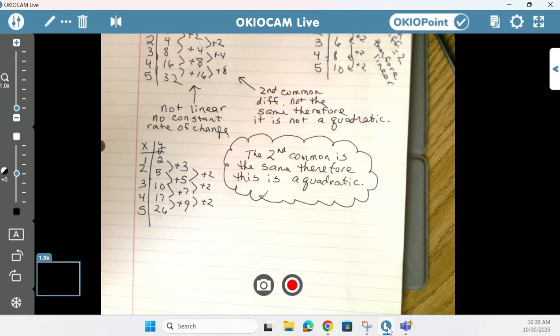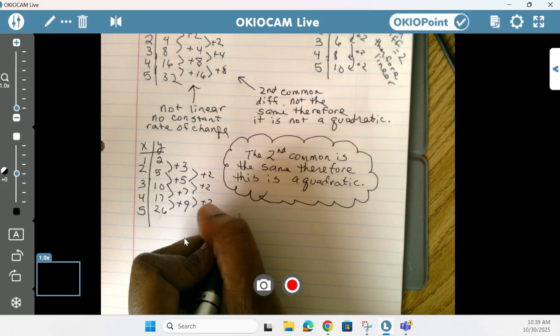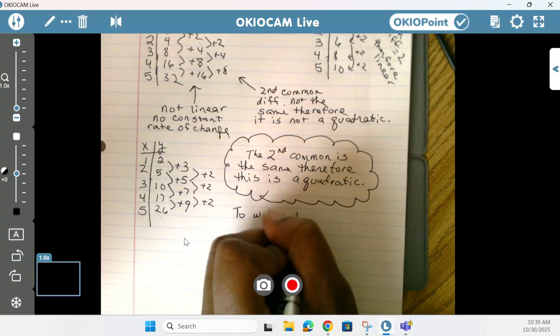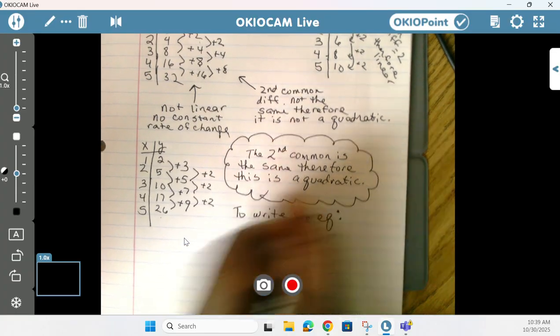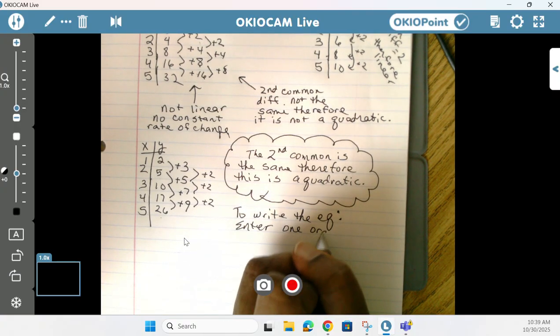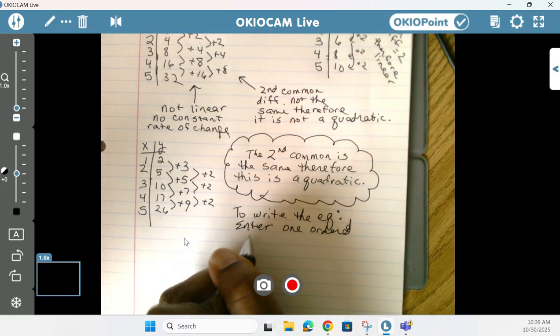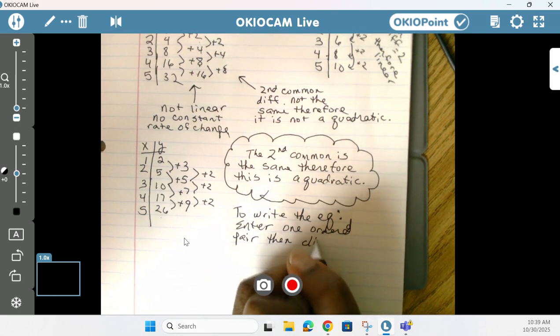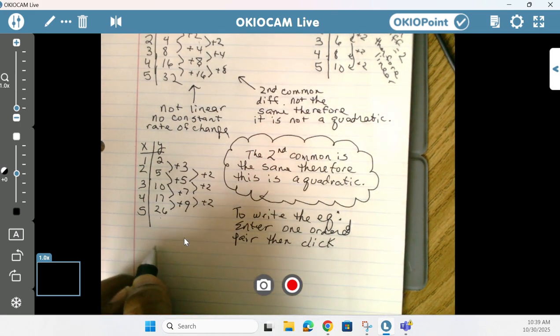Okay, so to create the graph, we use these values. All right, so to write the equation, enter one ordered pair, then click the widget to get the table.